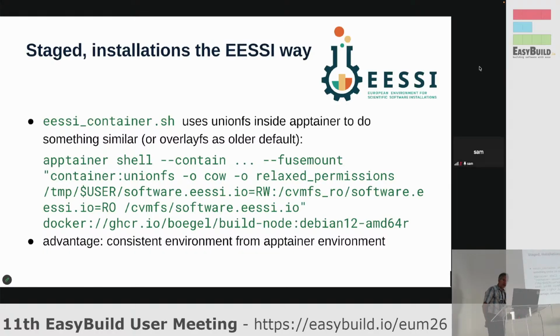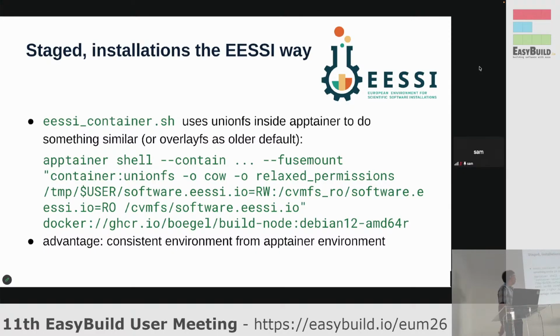What does EasyBuild do? It has a very complicated apptainer command to use unionfs, and before that overlayfs, inside the container, and that way they can pretend to have CVMFS mounted in the container, but it's also partly read-write.